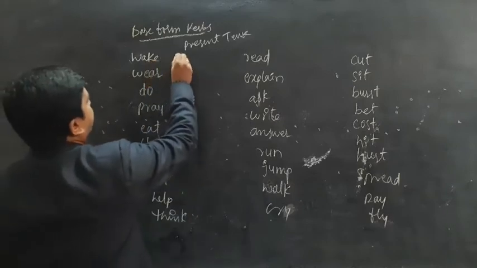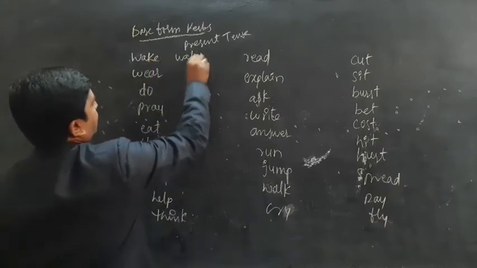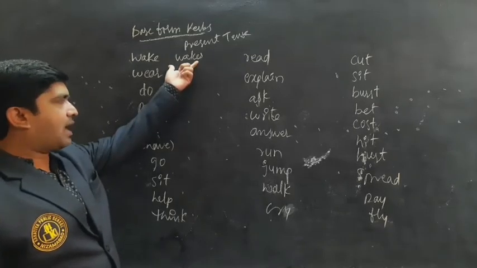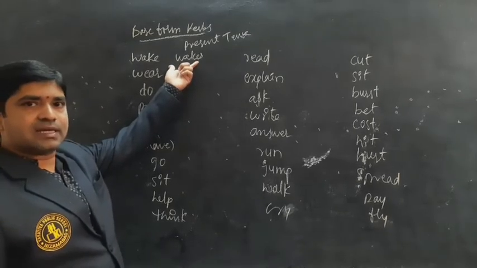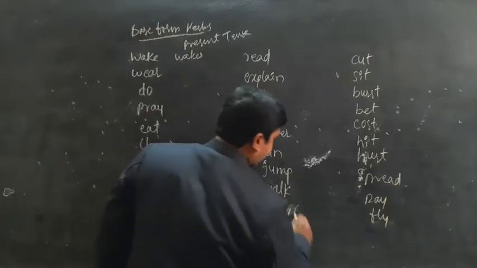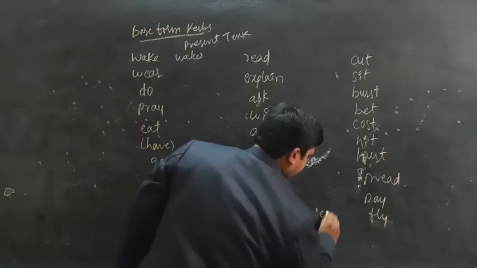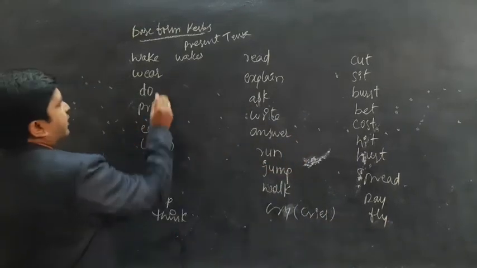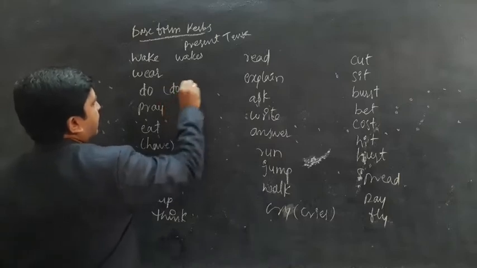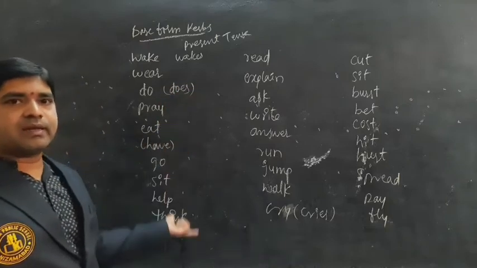Here wake, wakes. In this way we learned to add s, es, ies. If you take the example of cry, cries. Then do, does. We learned this in the previous class.